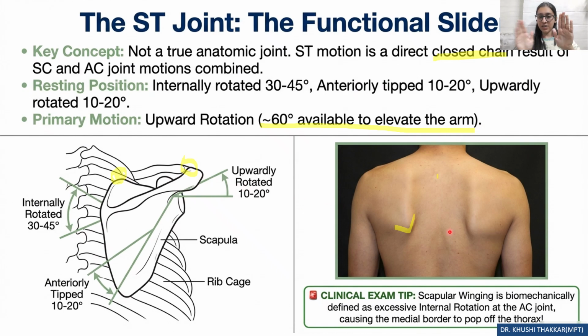These are the inferior angles which have come out. So excessive internal rotation at the AC joint causes the medial border to pop off the thorax. The contact of the scapula with the thorax comes off like this. And you have to comment on the muscle weakness which causes the winging of the scapula.